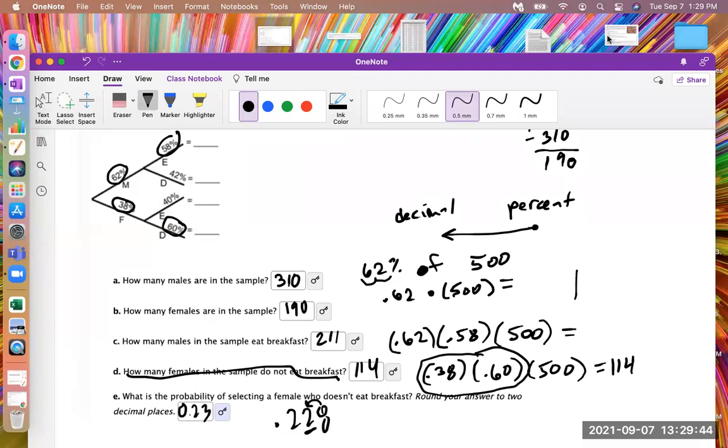Let me just double check my answers really fast. Okay, I must have made a typo when I was calculating the 0.62 times the 0.58.